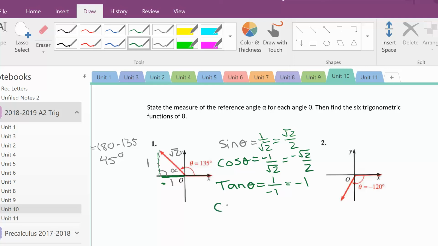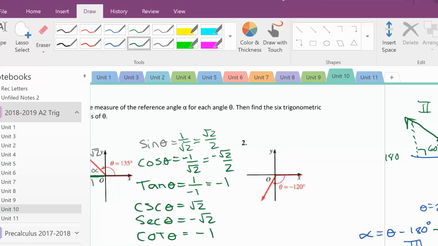Now you do the cosecant, remember, which is the reciprocal of the sine, so it's going to be rad 2 over 1, which is just rad 2. The secant, which is the reciprocal of the cosine, is going to be negative rad 2. And the cotangent, which is the reciprocal of the tangent, is going to be -1 still.